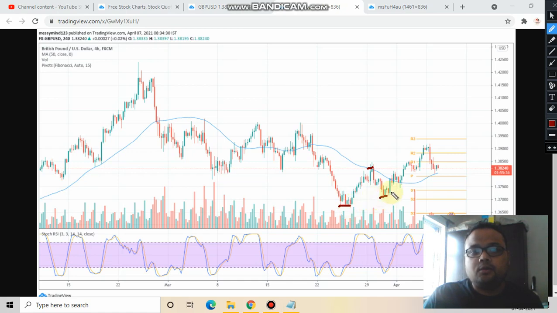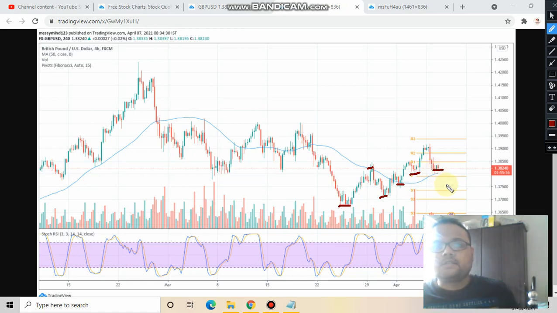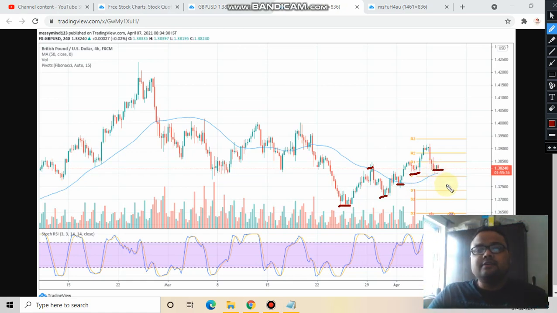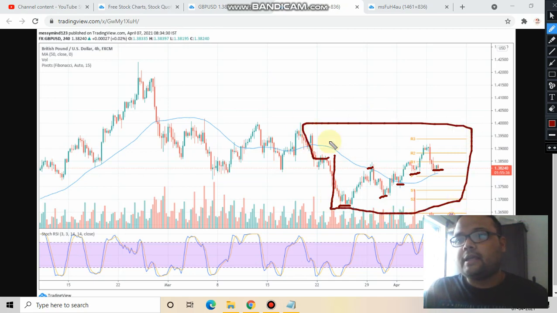Market made a higher low, and market is constantly making higher lows, which is a very good sign. This is a sign of the bullish market. It signifies that market has got some buyers present in it who are trying to take the price upward. So this is the only good sign about this market right now from this chart.